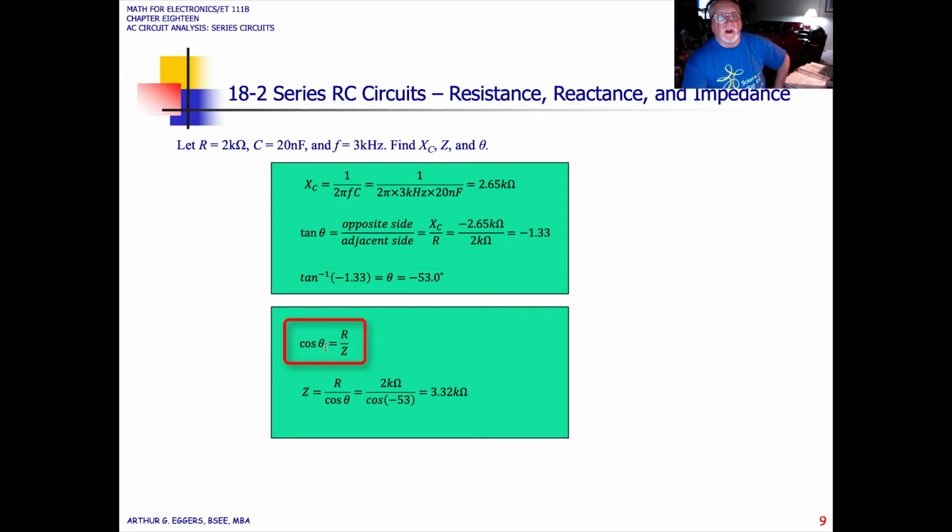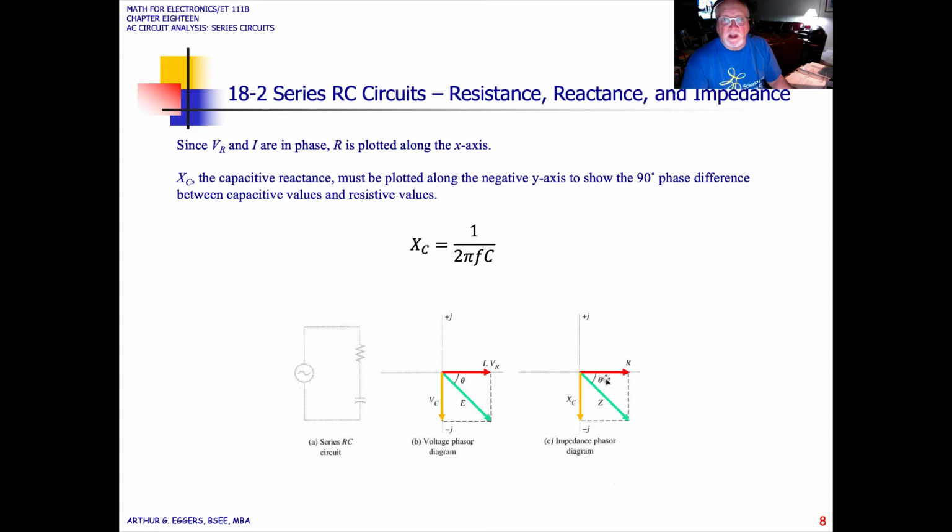We pick another trigonometric function. Cosine theta is equal to the resistance over the total impedance. Remember, we're dealing with both of these relationships, these vector diagrams. Now we're on this vector diagram over here.